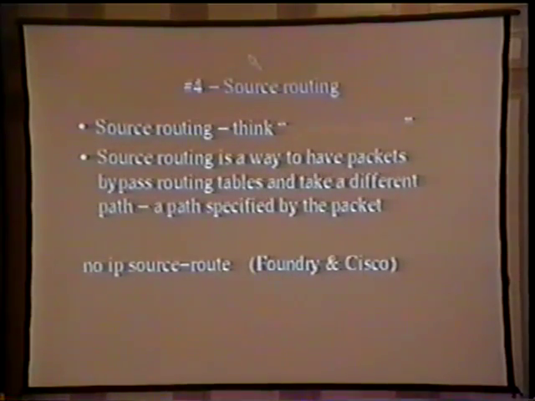So it's specified by the packet. So the packet could actually be coming from an attacker from an entire different location on the network, and a great way for IP spoofing. So the command to address that would be no ip source-route. That's on both Foundry and Cisco.